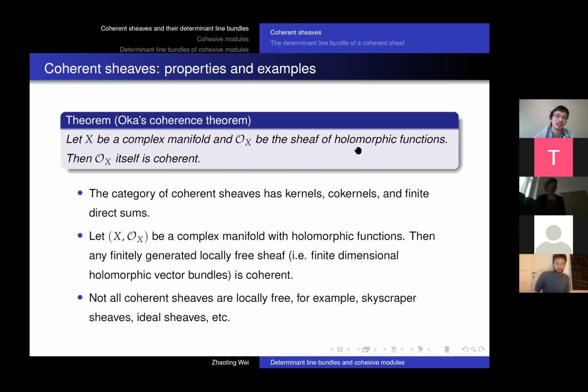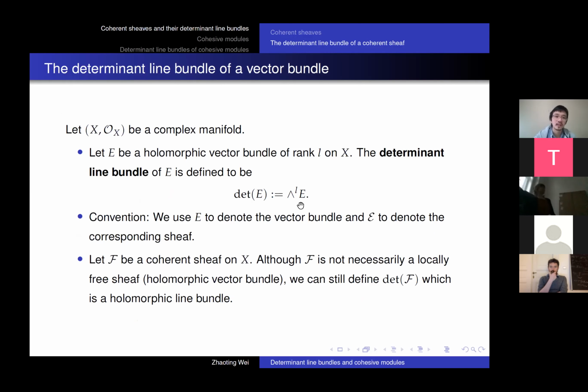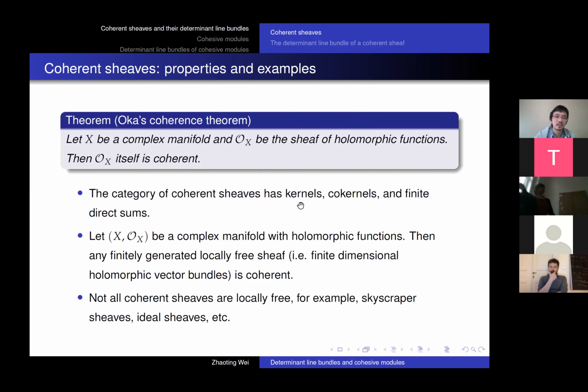With this, we know that any vector bundle, or locally free finitely generated sheaf, is coherent, and the kernels, cokernels, and finite direct sums of coherent sheaves are coherent. It's a very good category. Of course, not all coherent sheaves are locally free; we have skyscraper sheaves and so on. So that's coherent sheaves.